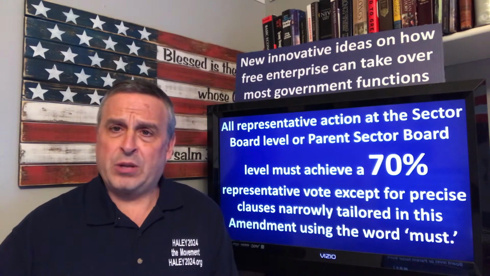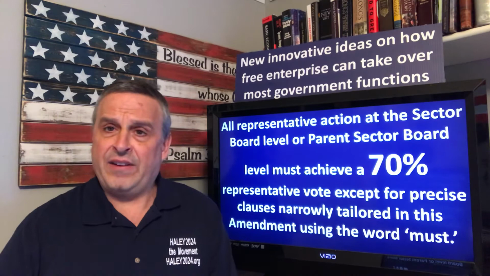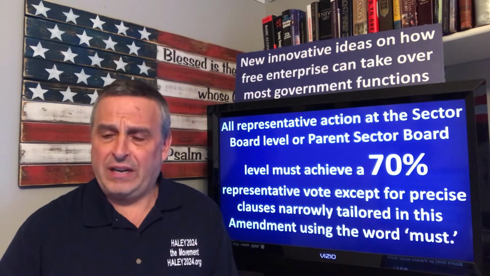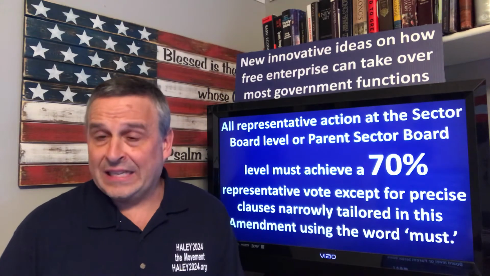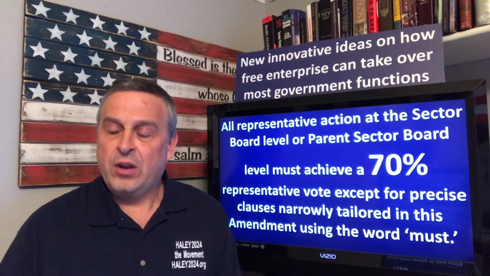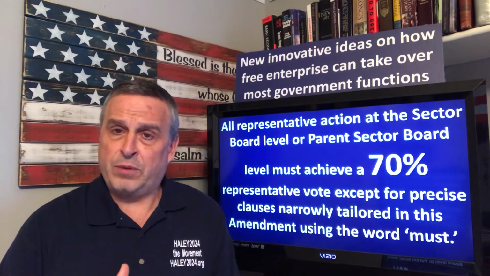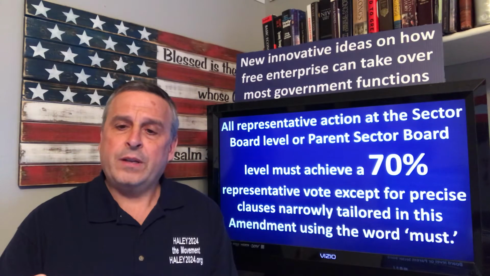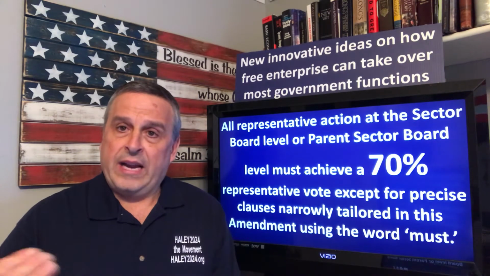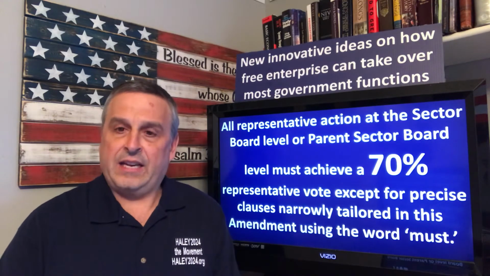You can only go up to that sector board level with significant negative externalities that could not be taken care of by rating floors. And rating floors are going to be able to take care of most of it. Actually, just a rating system is going to take care of most of it. Rating floors is another step to make sure you don't need monopoly regulations. And then we go to sector board regulation. We'll get into that later.